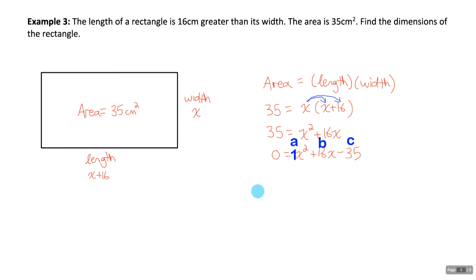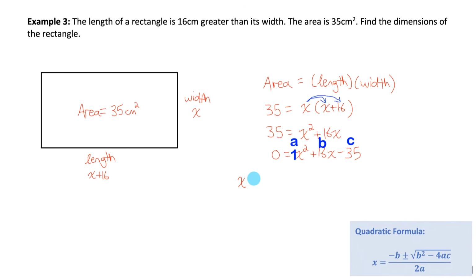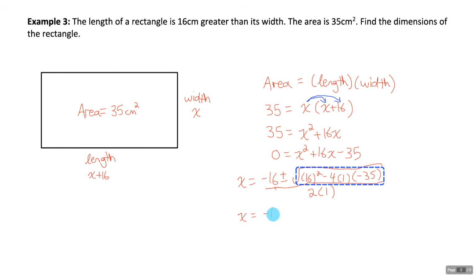So to find those irrational solutions, we'll have to use the quadratic formula, which tells me to do x equals negative b, so negative 16, plus or minus the square root of b squared minus 4ac, 16 squared minus 4 times 1 times negative 35. And all of this needs to be divided by 2a, so 2 times 1. I already evaluated the discriminant. It was equal to 396.